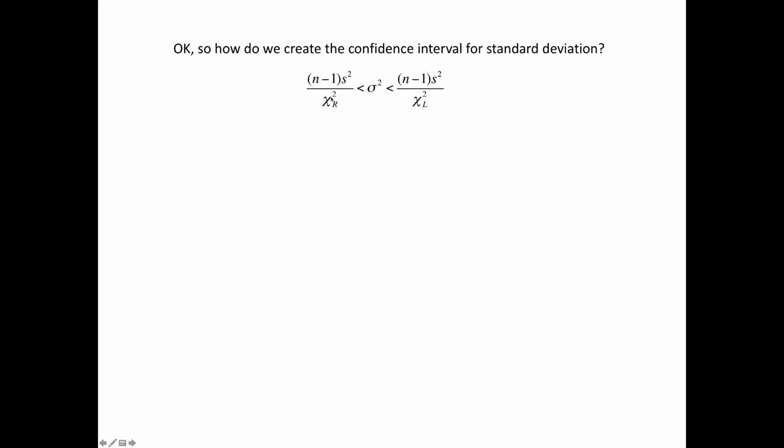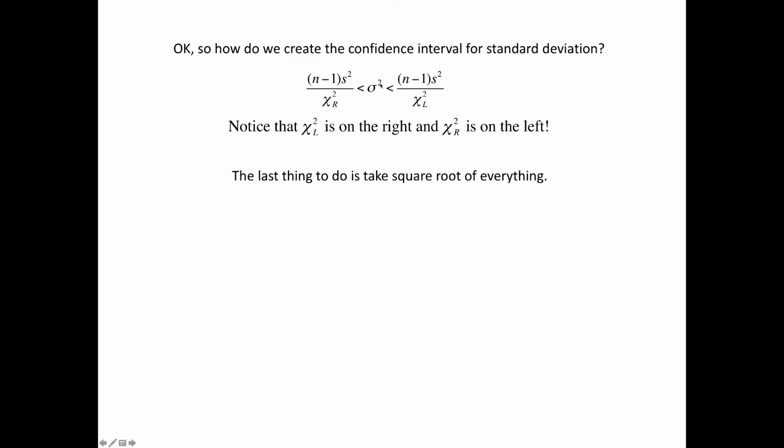So the smaller answer will be on the left, the bigger answer will be on the right. If the question says make the confidence interval for variance, you're finished. If it says make a confidence interval for the standard deviation, then to get rid of this square, you would need to square root both sides of the inequality, and then you'd be finished.